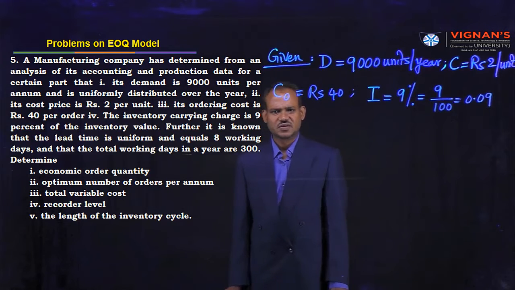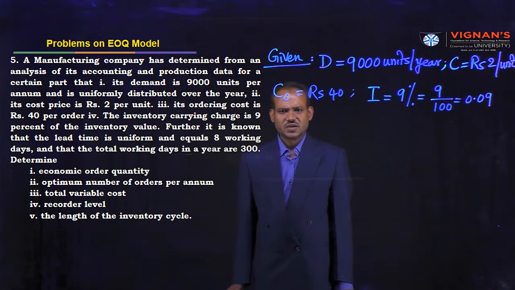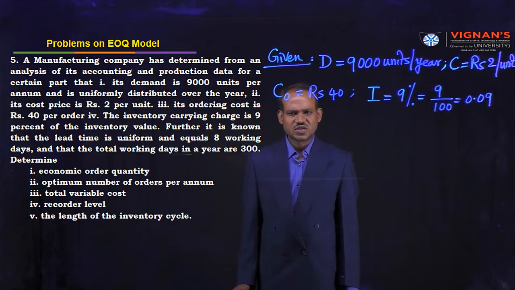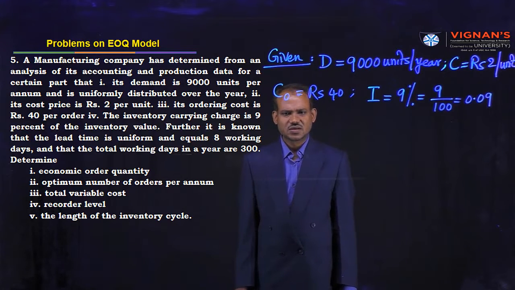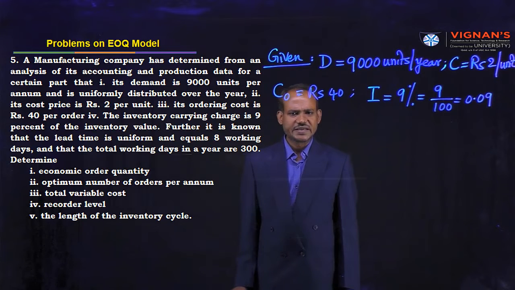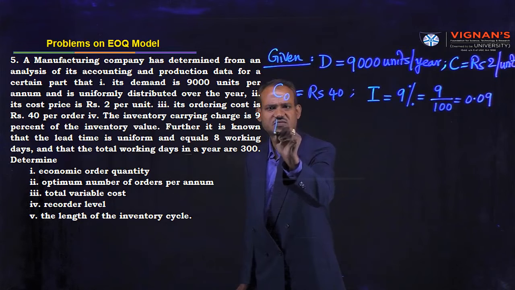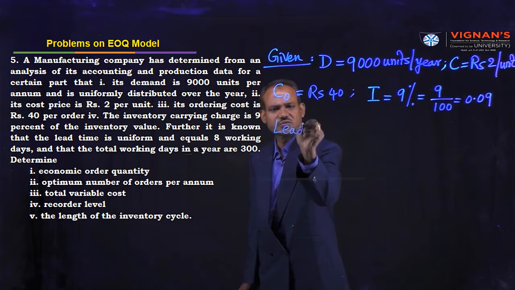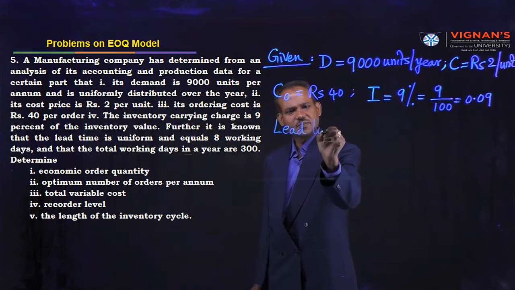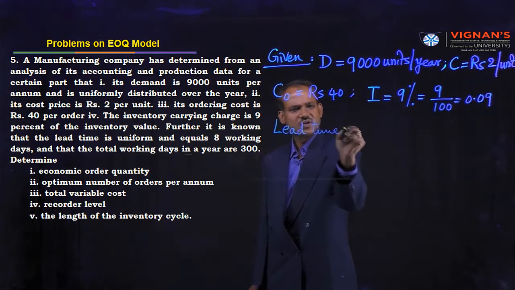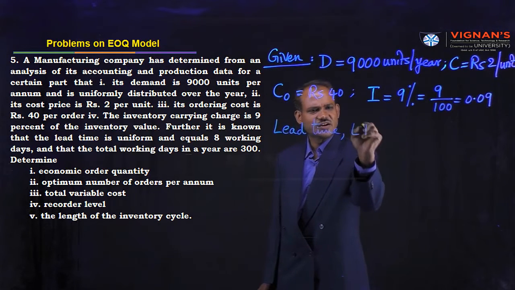Next, further, it is known that the lead time is uniform and equal 8 working days. That means this is a new term to you, lead time. Shortcut, I can call it as LT.